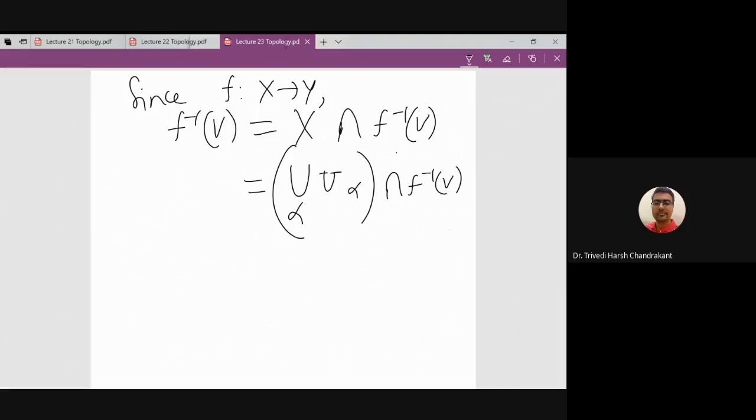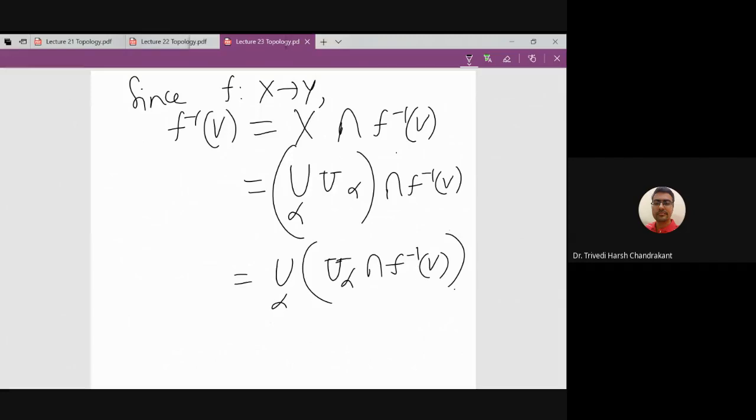So we can use the properties of set theory. I can write this as the union over alpha of U alpha intersection F inverse V, using basically the distributive law.